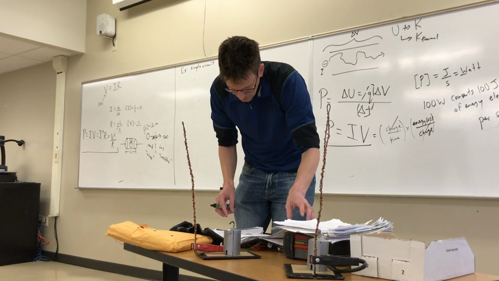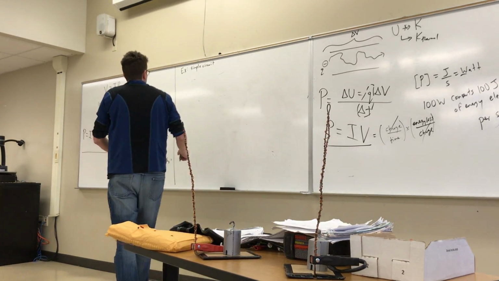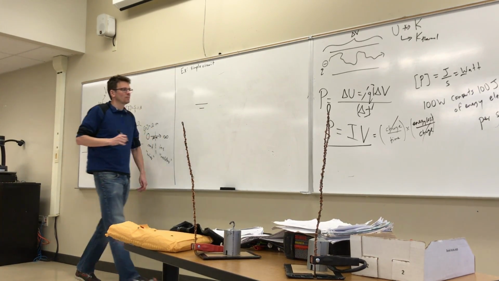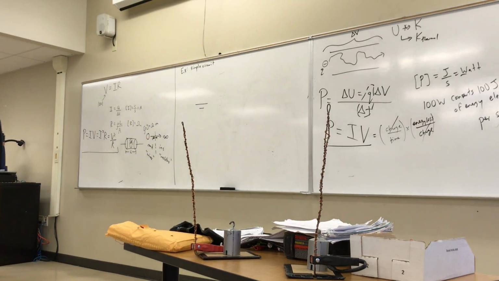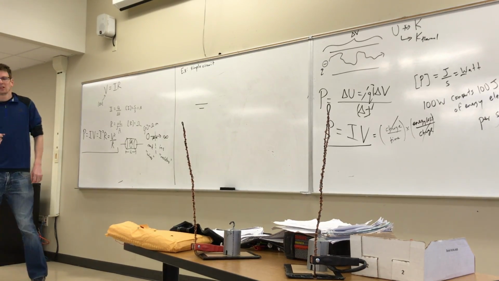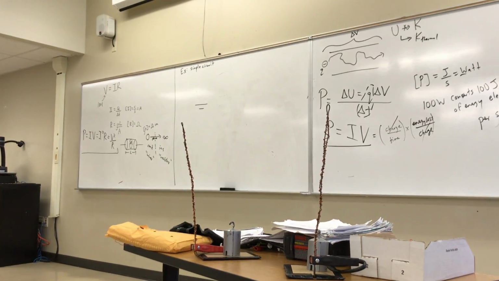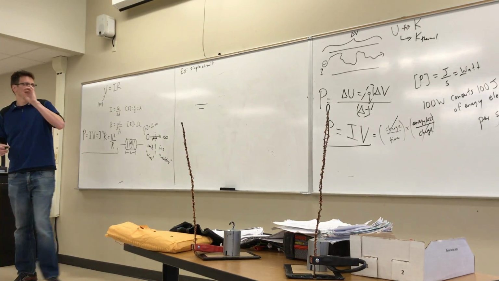Okay, so first, I have a battery. This is a symbol for a battery. What these represent are two equipotentials that are at different voltages from each other, and you represent schematically that the higher voltage terminal of the battery is the longer plate.